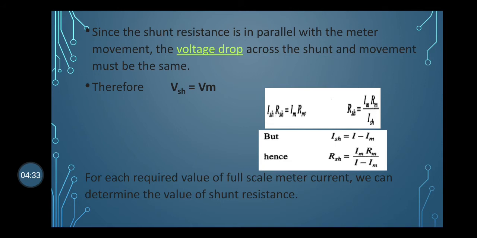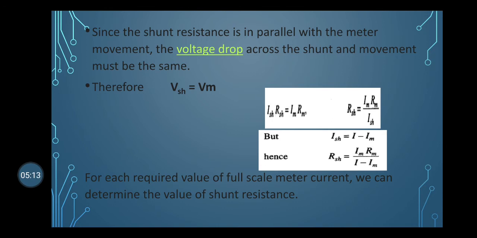Now, as Ish into Rsh is equal to Im into Rm, Rsh will be equal to Im into Rm divided by Ish. Putting the value of Ish, that is Ish is equal to I minus Im, into the above equation, Rsh will be equal to Im into Rm divided by I minus Im.